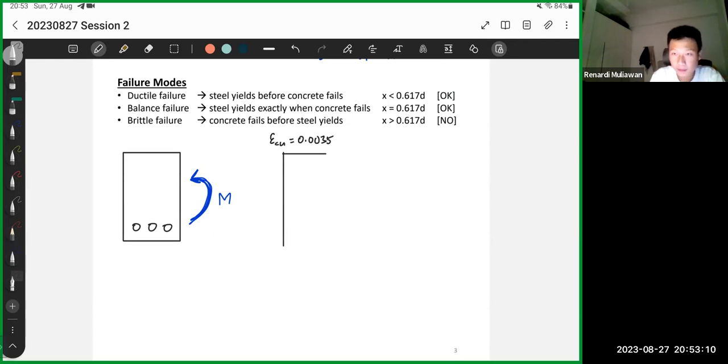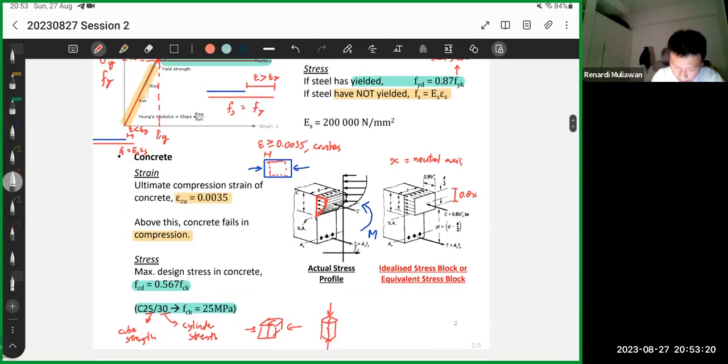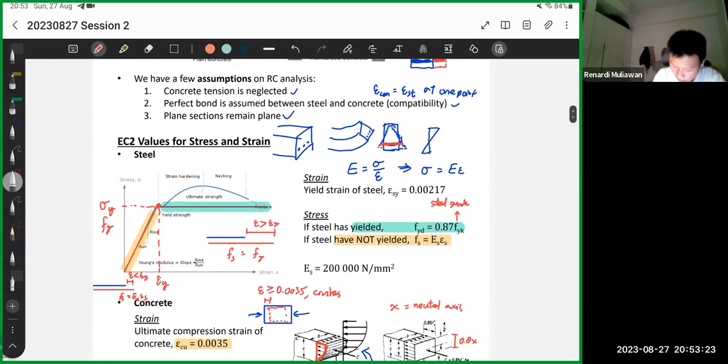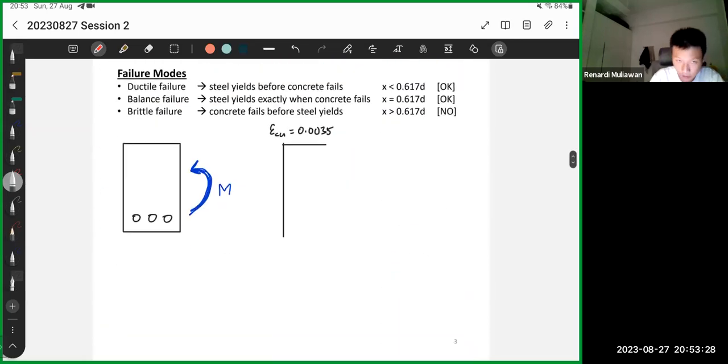What ductile failure means is that at this steel level, steel already yields. It basically says that at that level, the strain of the steel is above this value, 0.00217. So it's something like this. This red line, which corresponds to these three steels, its length is above 0.00217.